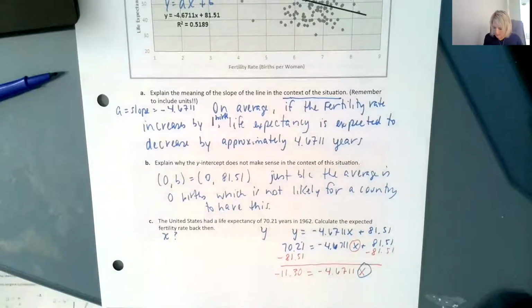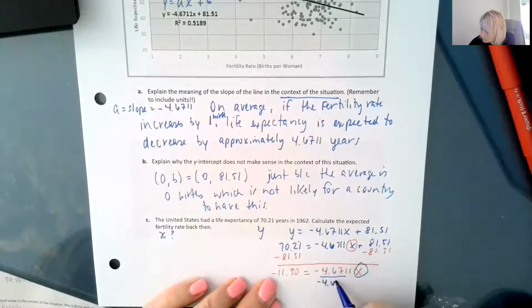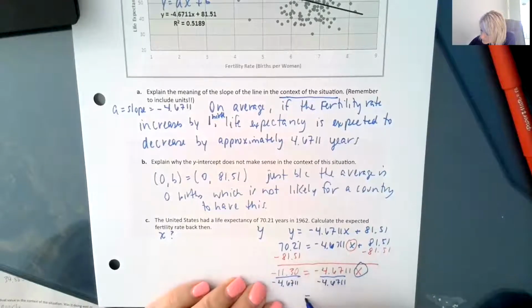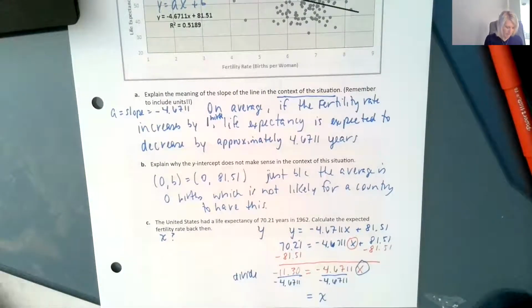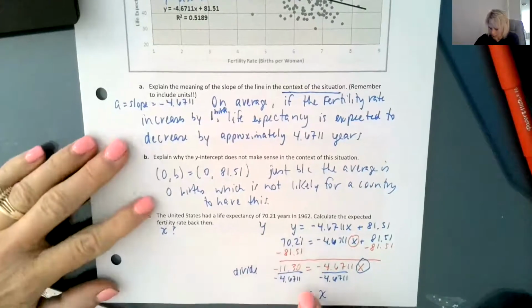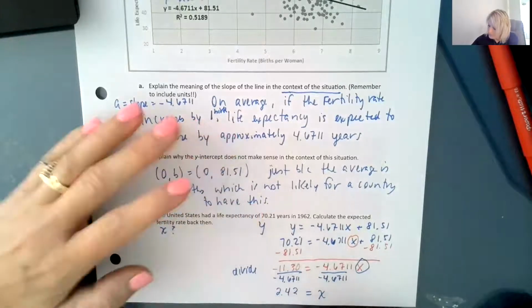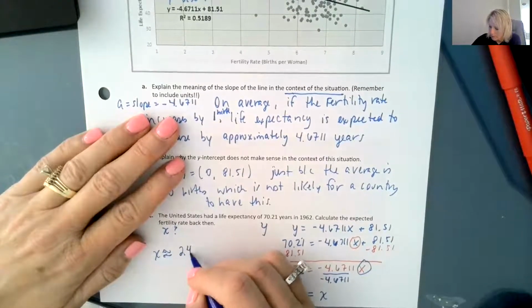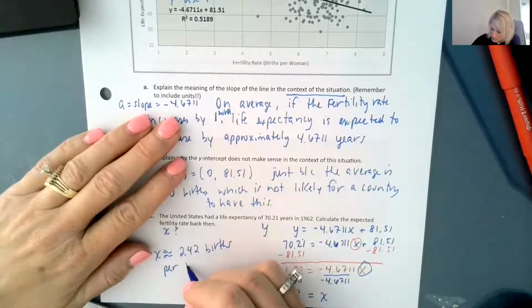Now to solve for x, we're going to divide both sides by a negative 4.6711. A negative divided by a negative comes out to be approximately 2.42 births. So x is approximately, because they're all rounded, 2.42 births per woman.